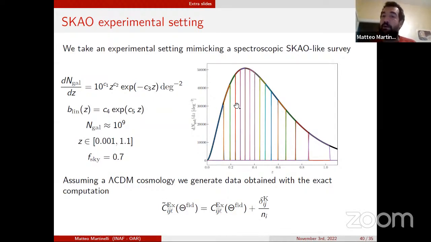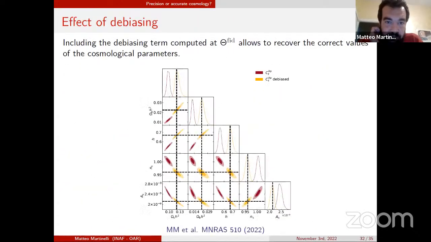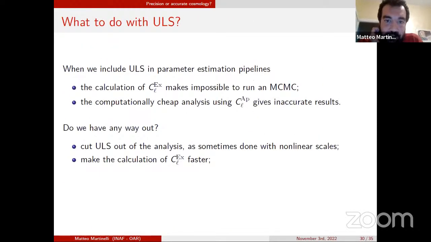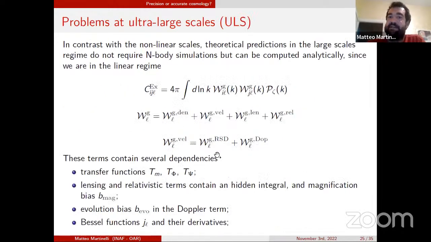So how you bin, what your photometric redshift error is, all these kinds of things enter in which one is the most important effect. So it's not something that you can know a priori. We are trying, for example, now within Euclid, and it's something that we should have out soonish, let's say, to account for this redshift space distortion one.